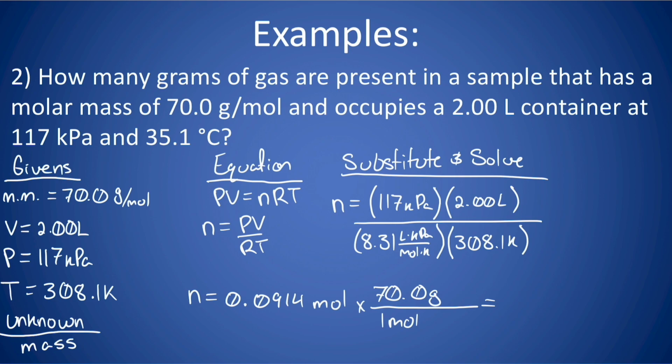Which means the mass of gas that's present in this problem is 6.40 grams, roughly. And this is how we see that stoichiometry can be very closely related to our gas law problems.